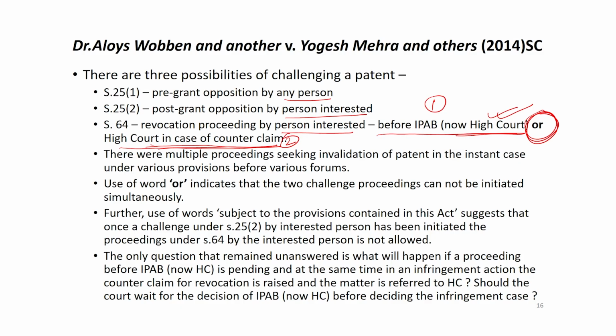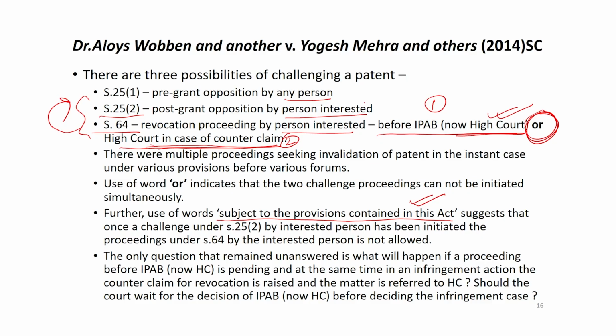The second point the Supreme Court made was that Section 64 starts with the words "subject to provisions contained in this Act," meaning thereby the two possibilities of post-grant challenge, one in 25(2) and the other in 64. 64 is subject to any other provision, which means you can exercise an option either in 25(2) or in 64.